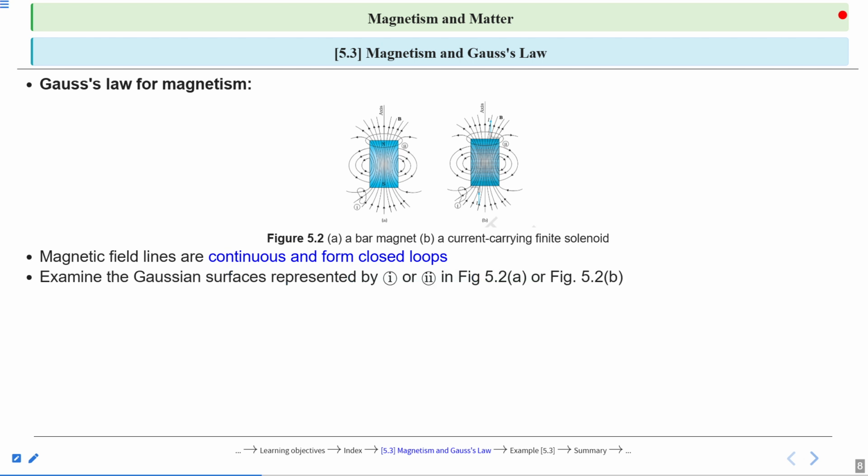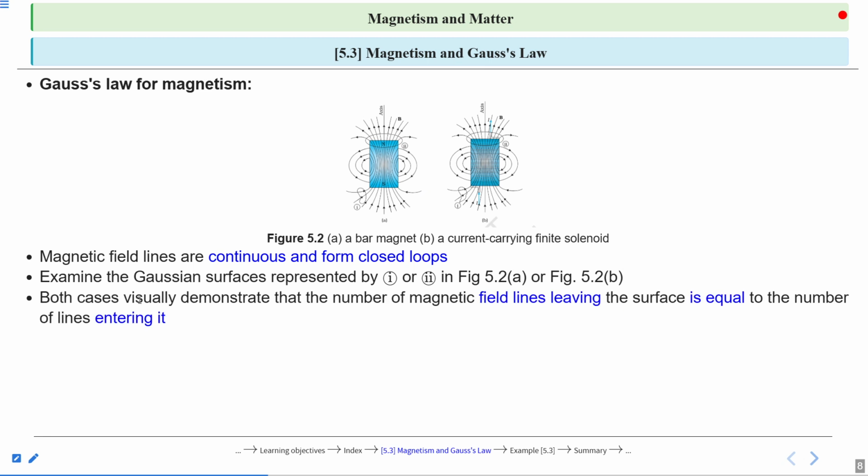Examine the Gaussian surfaces represented by 1 and 2 in figures 5.2a and 5.2b. In both figures you can examine two surfaces, 1 and 2. They are Gaussian surfaces. Both cases visually demonstrate that the number of magnetic field lines leaving the surface is equal to the number of lines entering it.